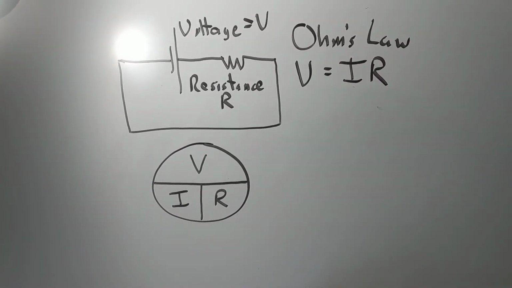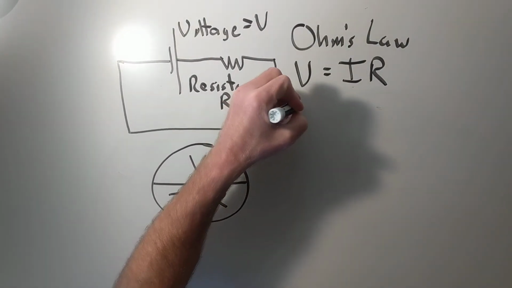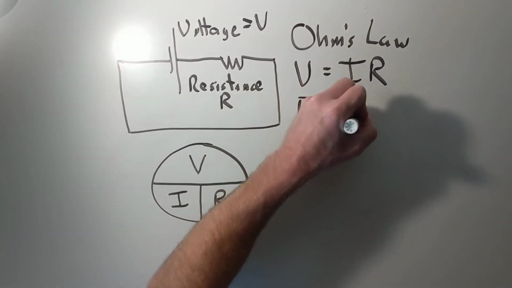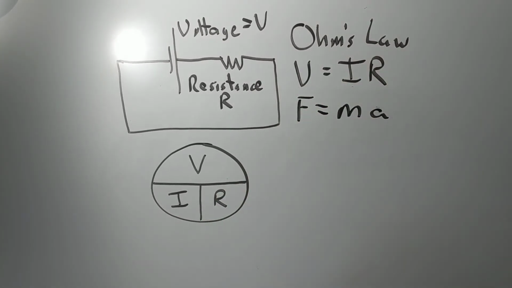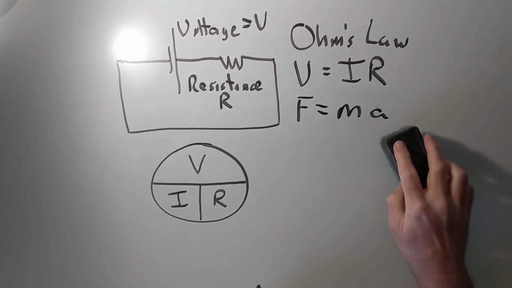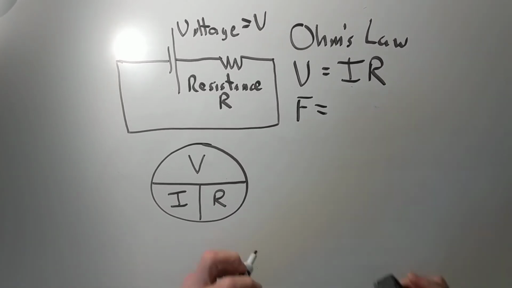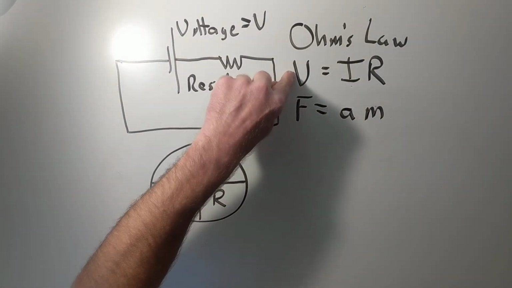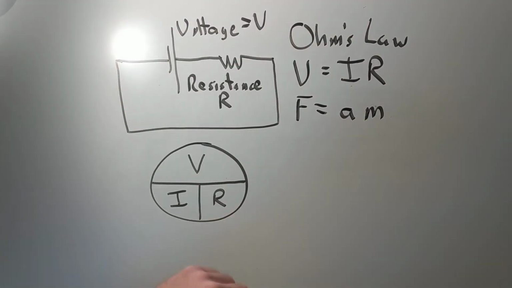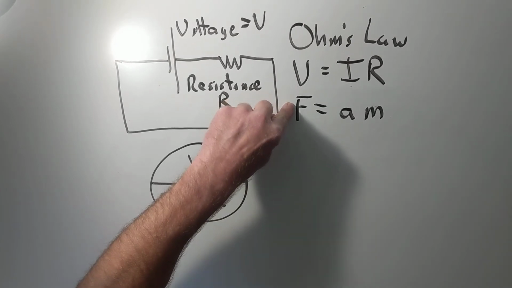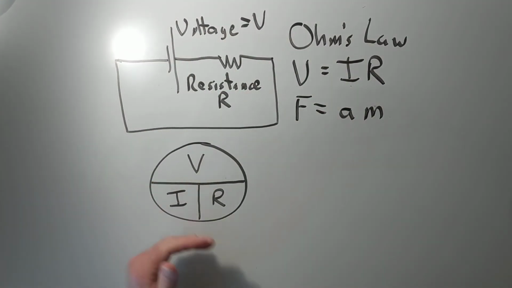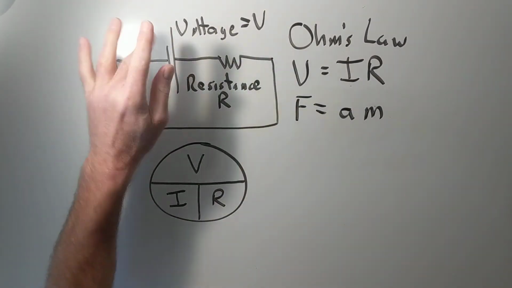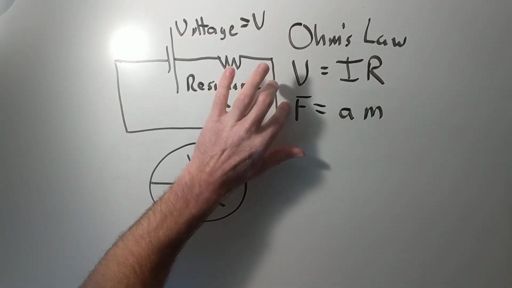This equation is very similar to F equals ma. This is not a perfect analogy yet, but I'm going to reverse this a little bit. And instead of F equals ma, I'm going to say F equals am. So if you're trying to think about what Ohm's law really means, here's a way to think about it. The voltage in the circuit is, in a sense, like the force that makes things move. It's really the energy per charge, but it's really the force that makes things move.